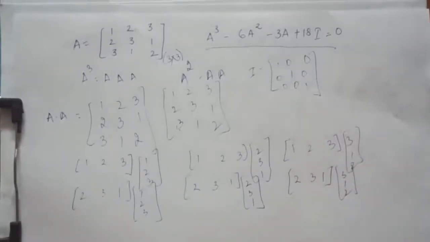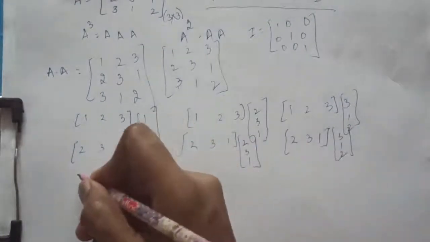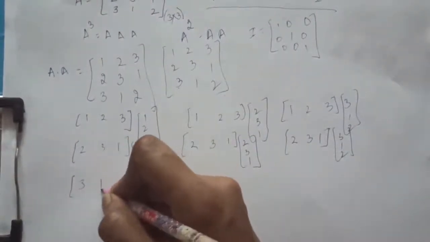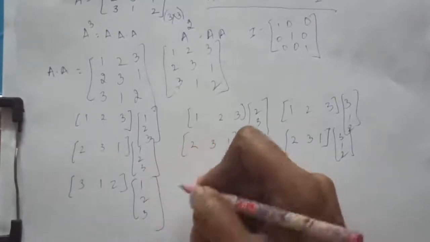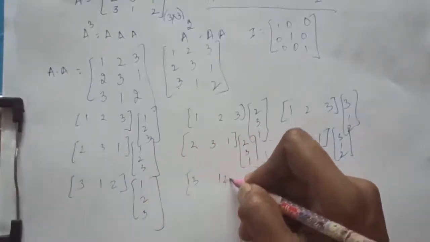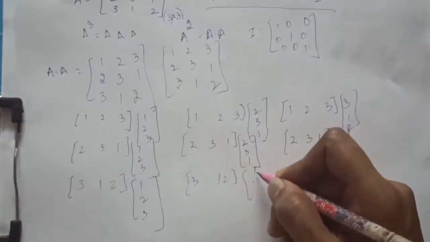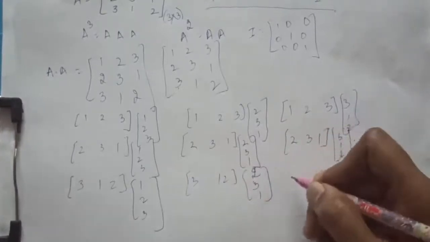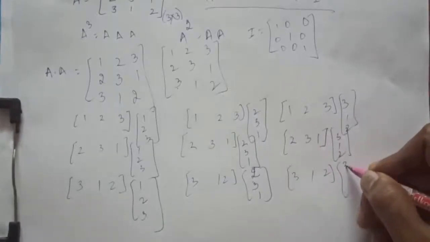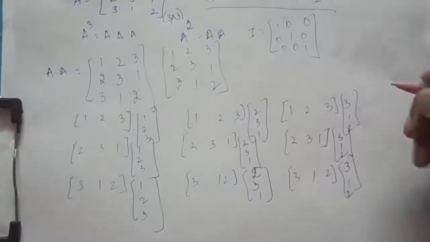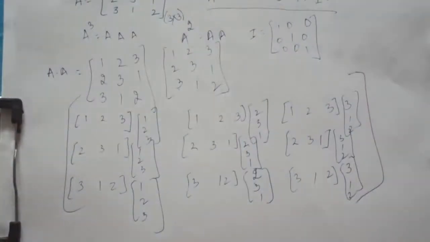This is the multiplication of the second row. Now if we want to proceed further, third row also we will give. This is the third row. So now this is entirely one step that we have written.